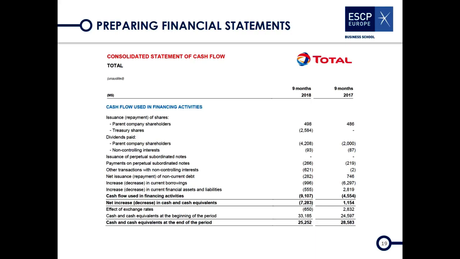The sum of all that is negative 7.2 billion, which corresponds to the change in cash from the beginning of the year at 33 billion to the end of the year at 25 billion, right? So we still have 25 billion just in cash, probably to be spent and distributed as dividends in future years.